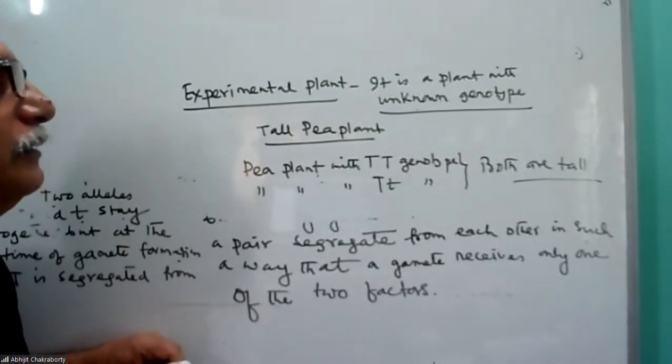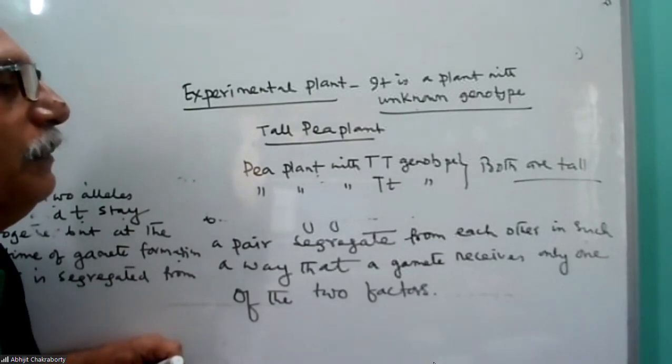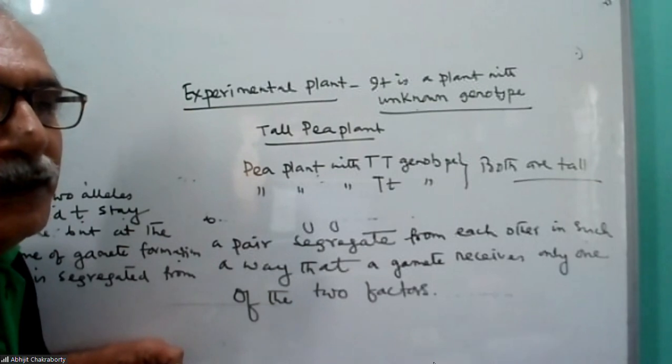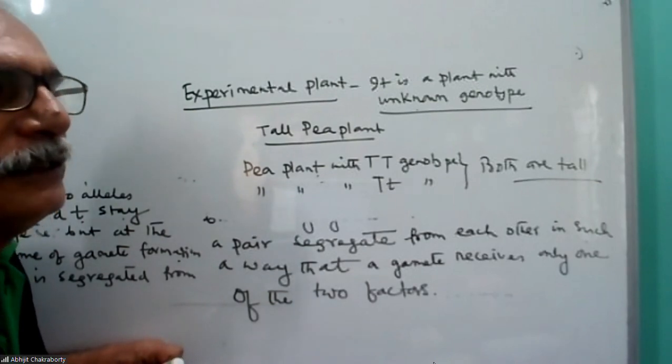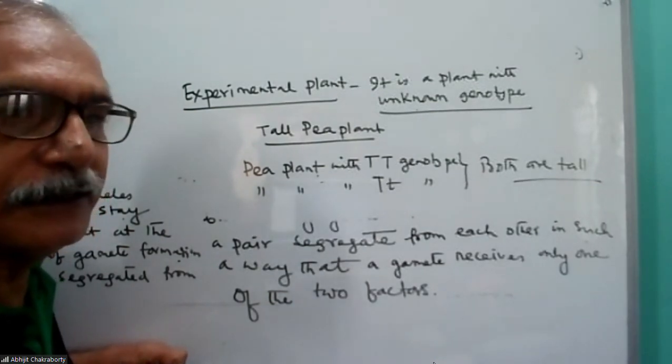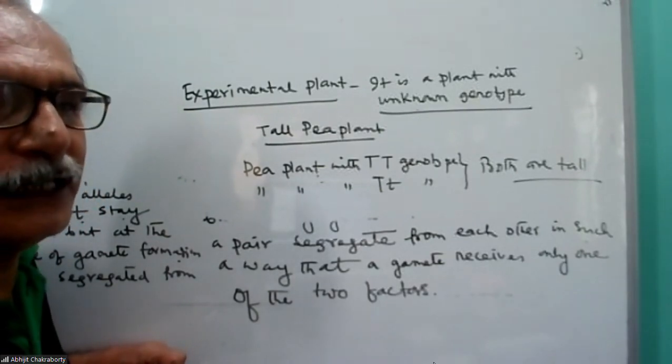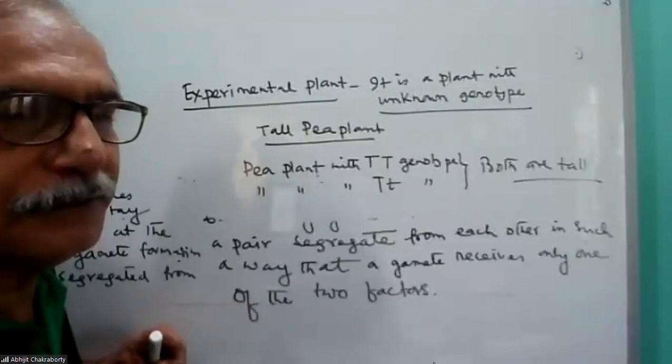That's why, if it is a tall pea plant, its genotype is unknown. So you have to determine the genotype of the tall pea plant, whether it is capital T capital T or capital T small t. A test cross is done. Is it clear up to this?